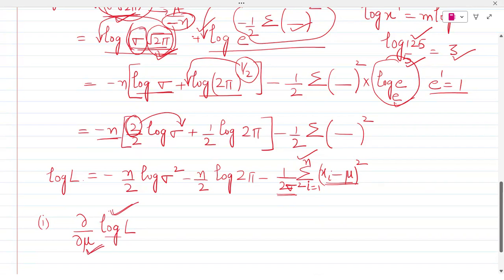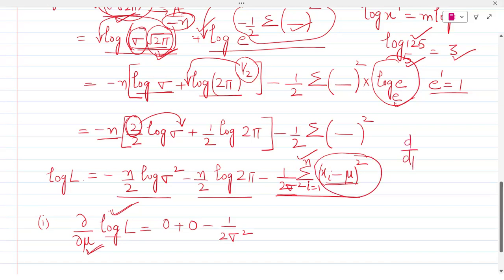So the first term is totally constant with respect to mu, so its derivative will be 0. Even the second term is totally constant with respect to mu, so its derivative is 0. Now, the third term, if you see carefully, this is a function of mu. So how do you differentiate d by d mu of some function of mu, and the whole is to power n?